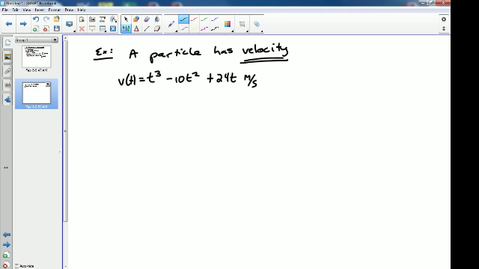And we're going to go to the metric system. Calculate the displacement over 0 to 6.